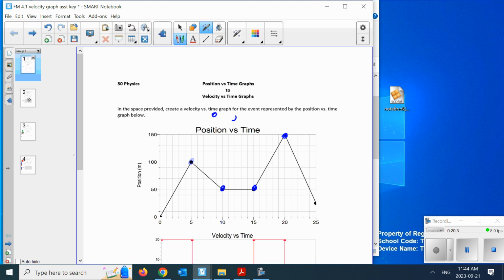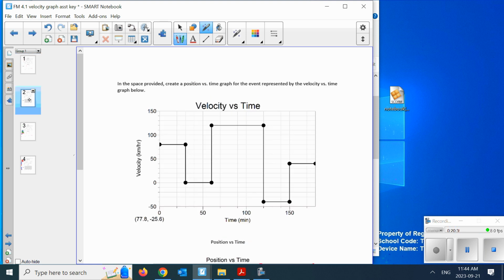Okay. The other graph is like this. I'm giving you the velocity, so on a position time graph, that is your slope. Right? You're initially going, what's that, 80 kilometers per hour for half an hour or something like that. So, depending on your scale, you go 80.